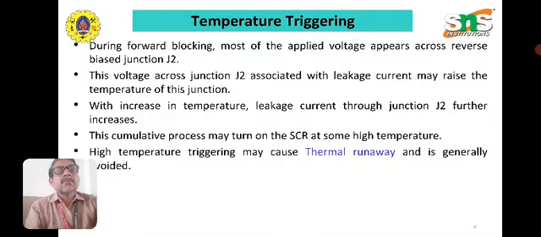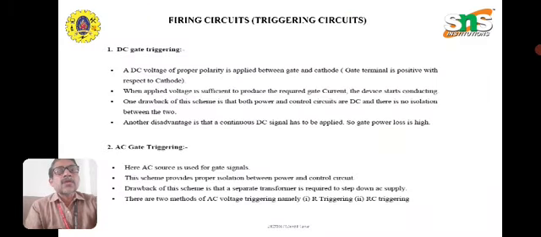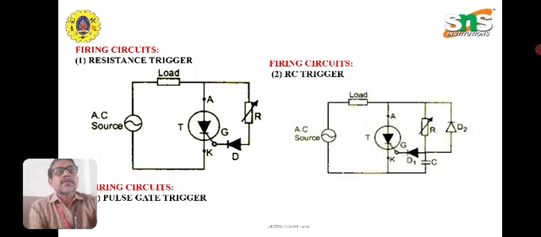Now let me see some firing circuits or triggering circuits used for SCR. One is the DC gate triggering circuit and another is the AC gate triggering circuit. In AC gate triggering circuits there are two types: R type triggering, resistor triggering, and RC triggering, resistor capacitor triggering. See here the circuit is given for resistance triggering.